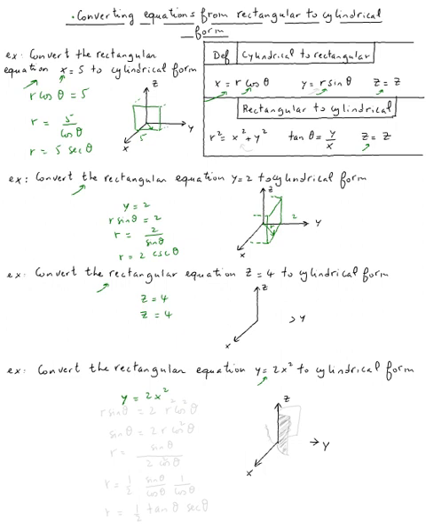If you graph it, it's going to be this parabola at z equals 0. Y equals 2x squared, and z could be anything.